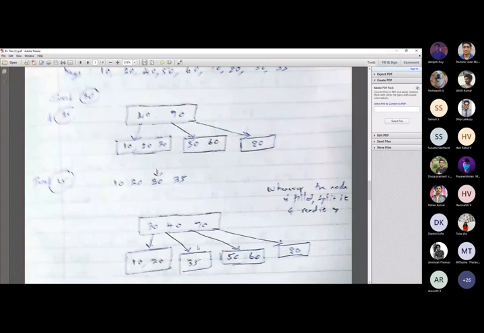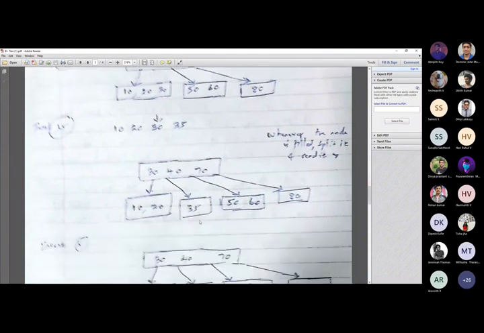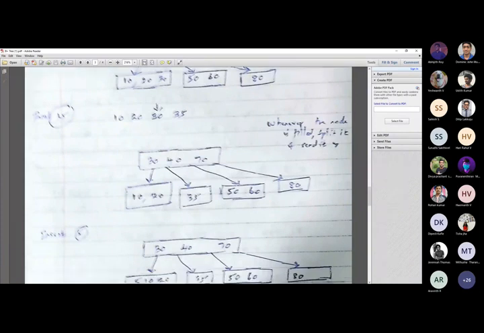Here the idea is that whenever a node is filled, at most the number of keys that can be present in a node is 3. Whenever the node is filled, it is split, and you send a key up. Now after 30, you are going to insert 35.